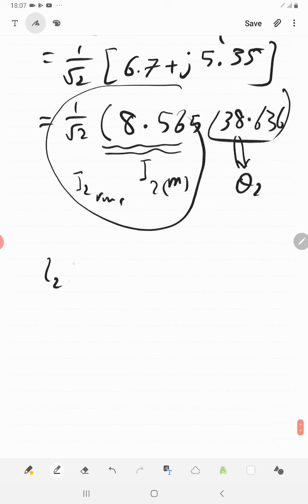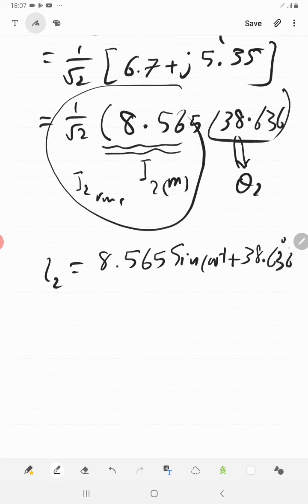So I2 in time domain is the maximum, which is 8.565 sine omega t plus angle 38.636 degrees. So this is the way we do it in phasors. First we do the operations in phasors, and then convert the final results to time domain.